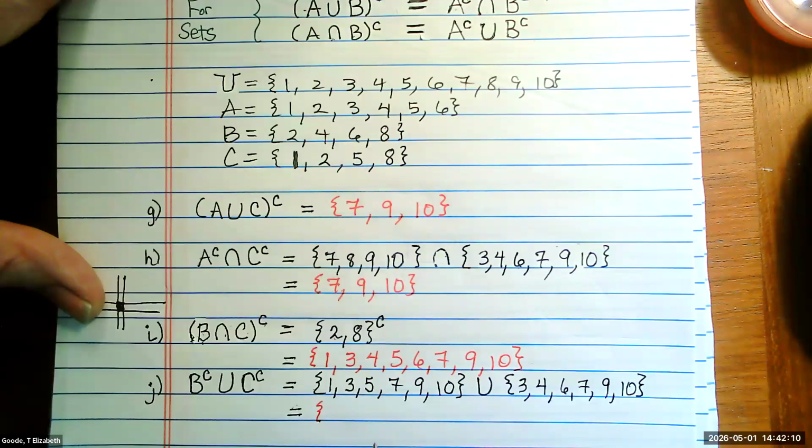The intersection is 3, 7, 9, and 10. The union is both, so 1, 3, 4, 5, 6, 7, 9, and then finally 10.